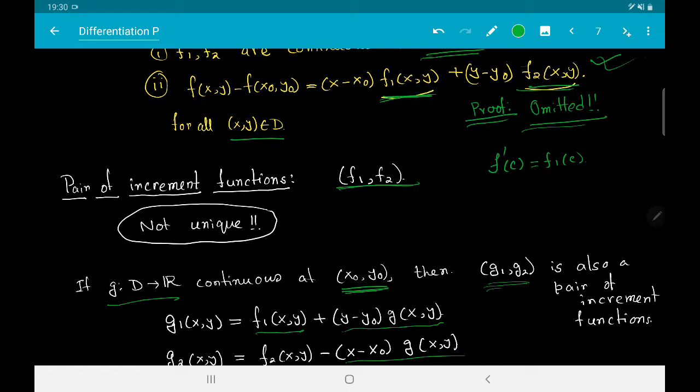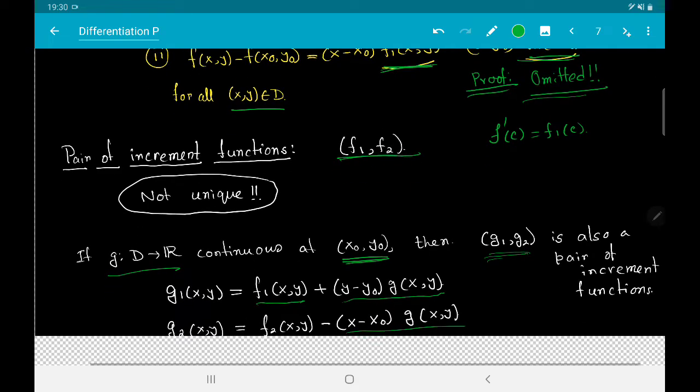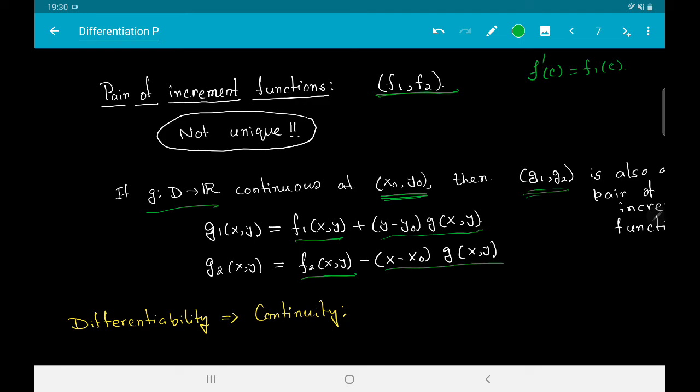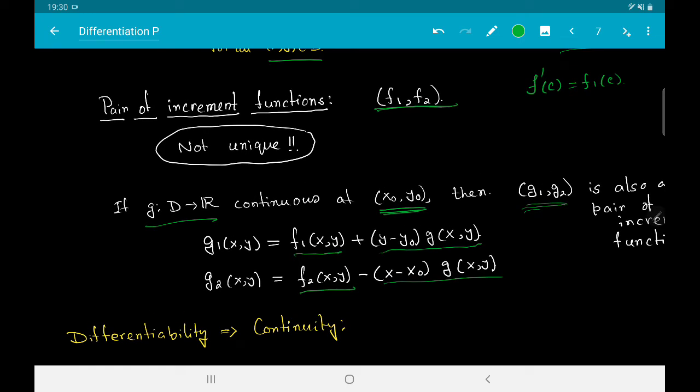So this possibly gives us infinitely many pairs of increment functions. What is the cardinality of the set of pairs of increment functions? This is at least the same as the number of continuous functions at the point x0, y0 that are defined on the domain D.